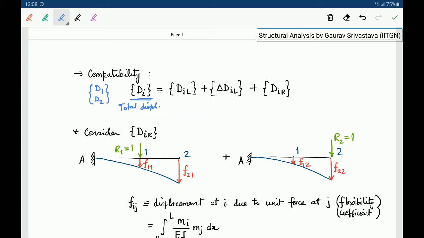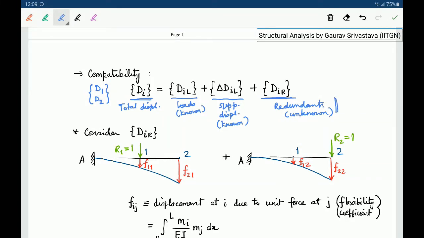The total displacement will be the summation of the displacement due to loads, which is known, the displacements due to support displacements at locations where the redundants are not chosen, which is also known, and the displacement due to redundants, which is unknown, primarily because R1 and R2 are not known.